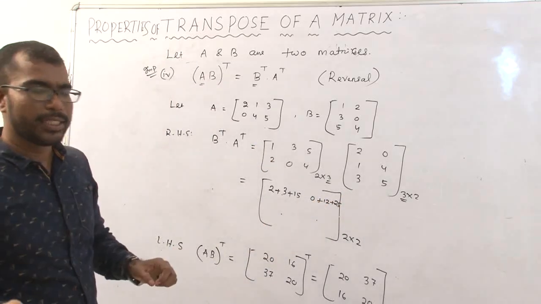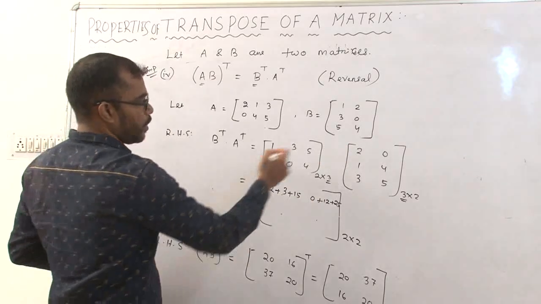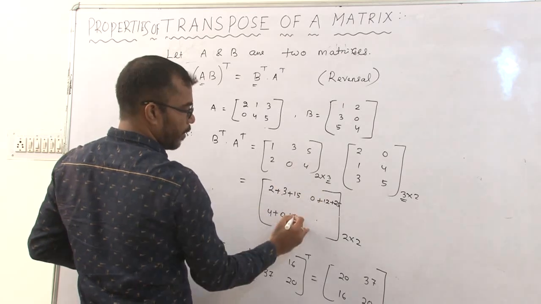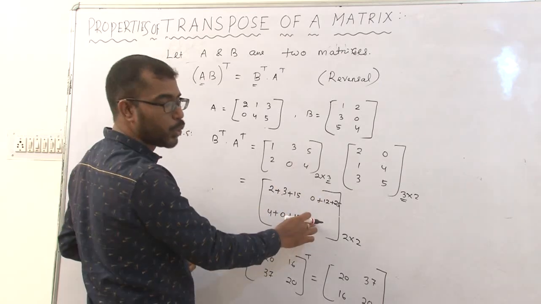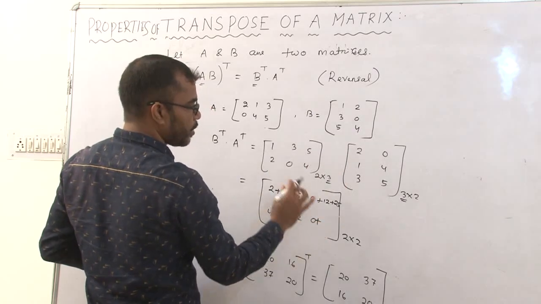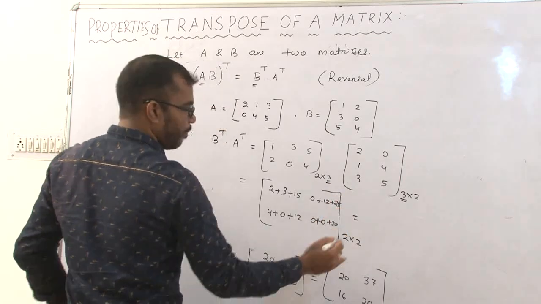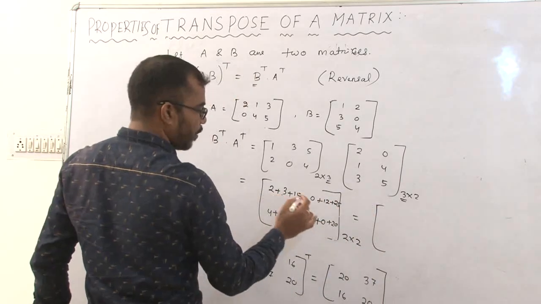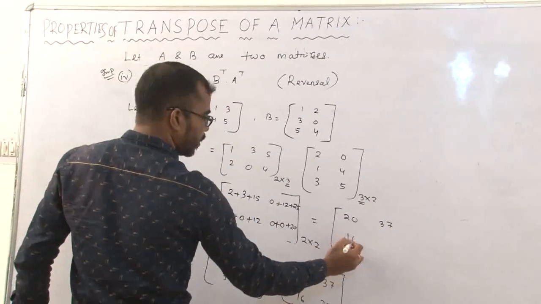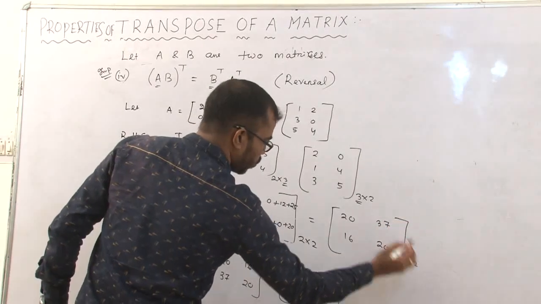Similarly, this is the position of A21, second row and first column. So we multiply: 4 plus 0 plus 12. Similarly, the position of A22, second row and second column, means 0 plus 20. We calculate them and find 20, 37, 16 and 20, and its order is 2 into 2.